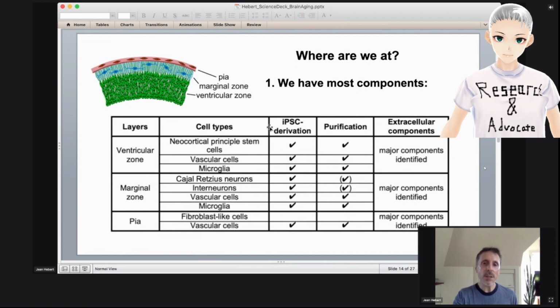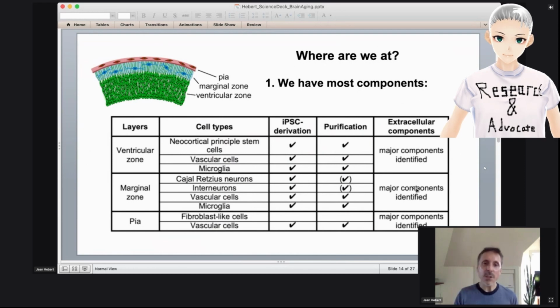And all these cells can be derived, and have been derived by us or our collaborators, from human iPS cells, except for one we're still working on. And we can also purify all these cells, again, except for the one that we haven't managed to derive from iPS cells yet. Sorry about the noise, if you can hear it.